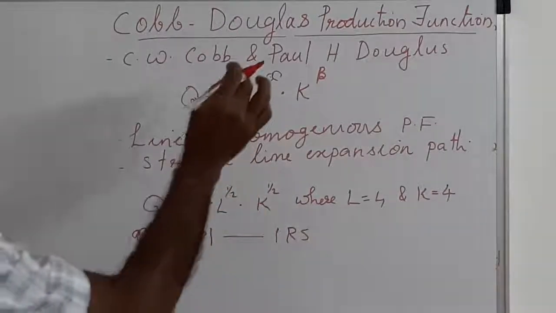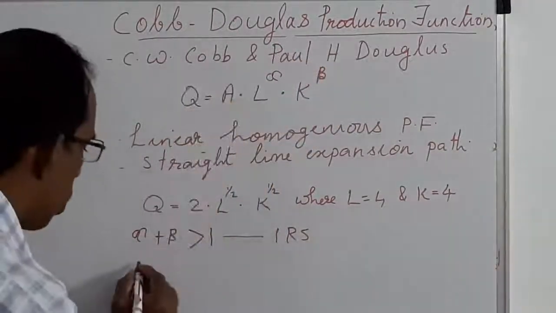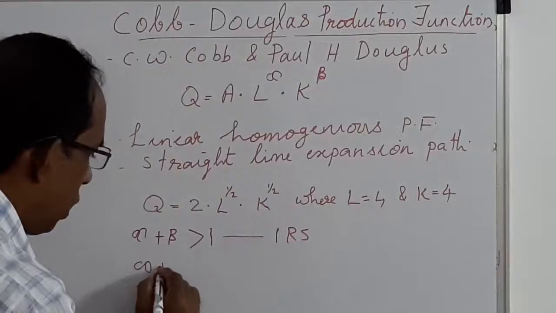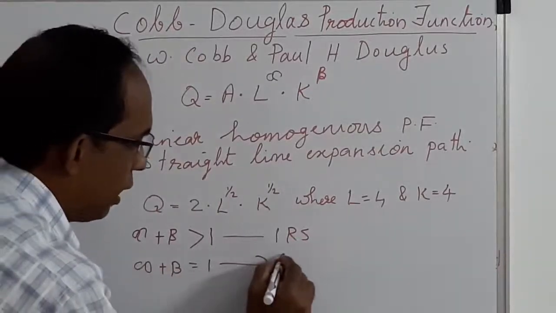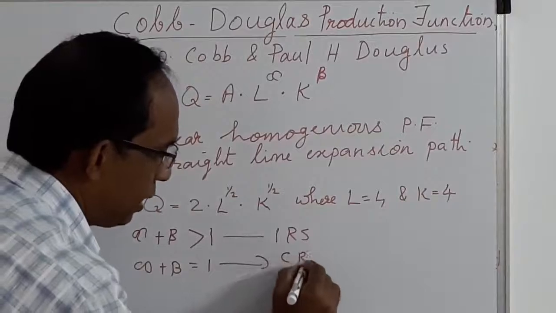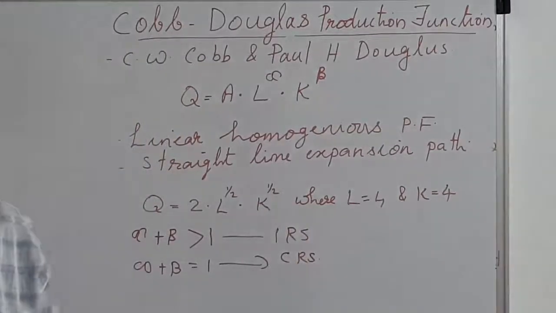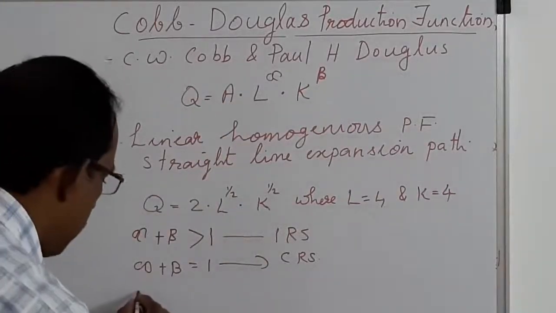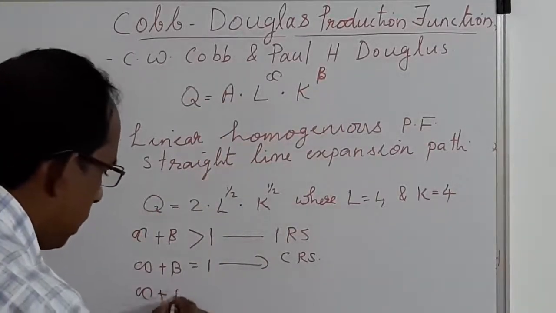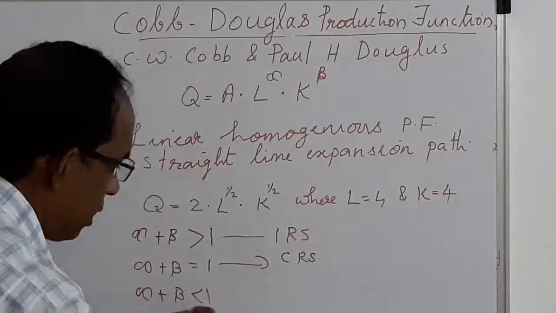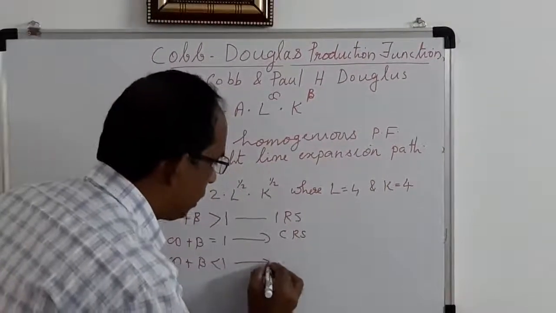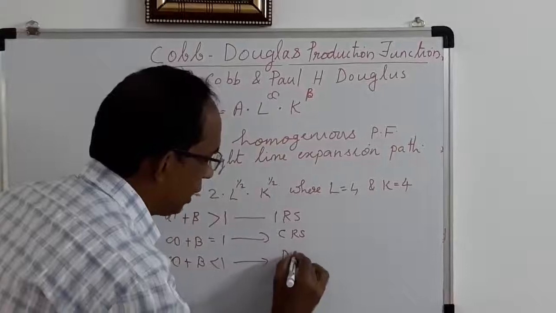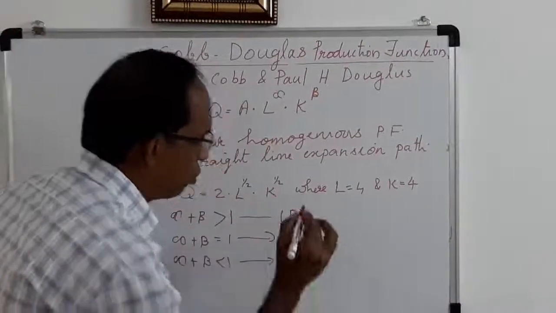And if the sum of alpha and beta is equal to 1, the firm experiences constant returns to scale. Constant returns to scale. And if the sum of alpha and beta is less than 1, the firm may experience diminishing returns to scale. Diminishing returns to scale.